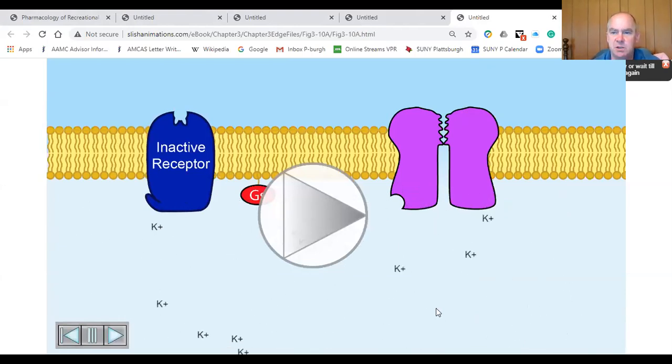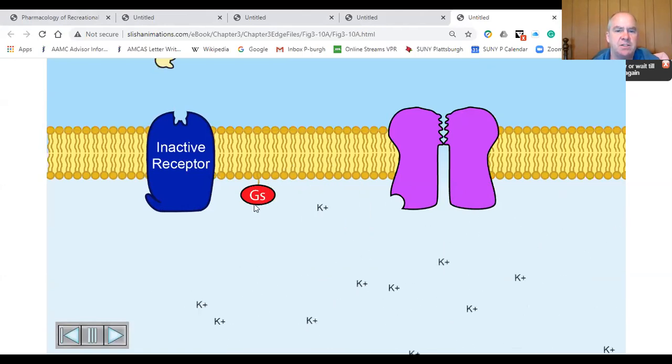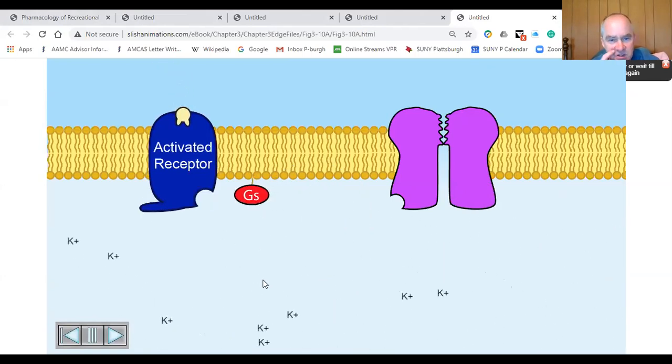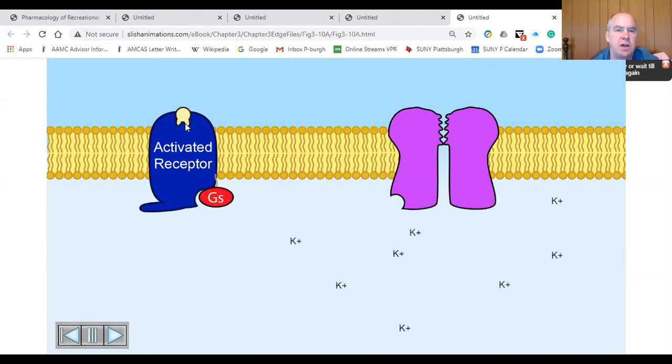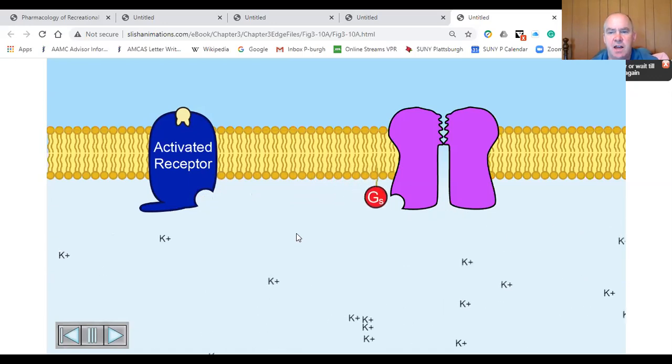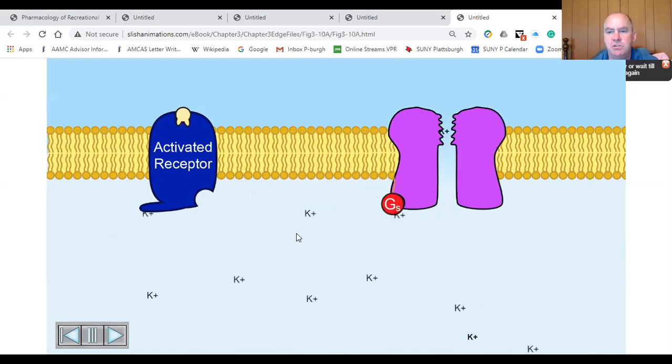You can see all these busy bee potassiums inside. The channel is closed, so they're just buzzing around. Now this shouldn't say GS, it's a different G protein, but a ligand can activate a receptor, and that can activate a G protein, and the G protein directly activates the channel.